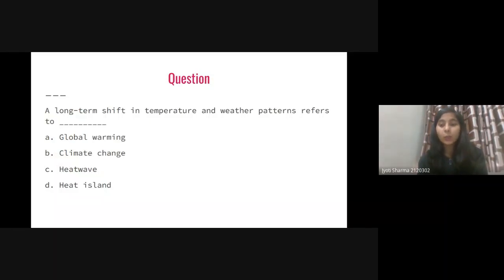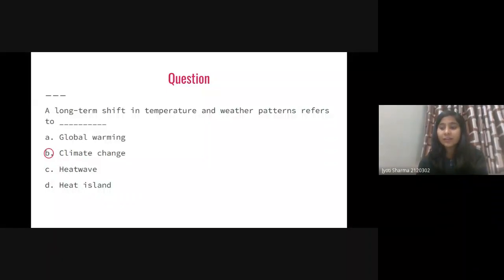Yes. So the answer should be B, because it is a shift in temperature, and not only in temperature, but another variable as well. For example, precipitation, rainfall, humidity, heat wave, all this will be covered under this climate change. So whenever there is a change in weather statistics, then we will call it climate change.